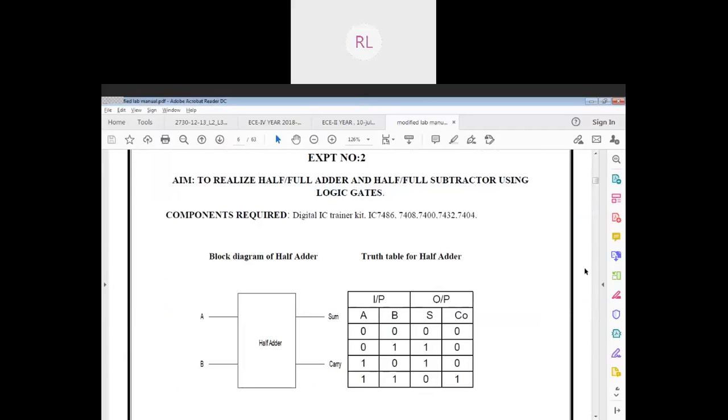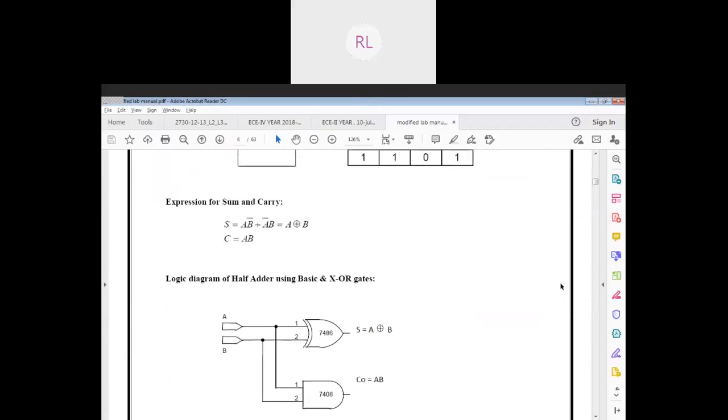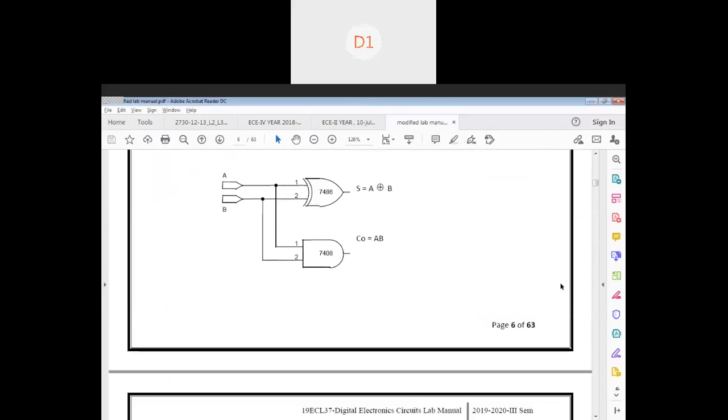Here also we can use two half subtractors and an OR gate for the implementation of the full subtractor. Internally, this is my same representation of the half subtractor. This is my first half subtractor, and this is my second half subtractor.